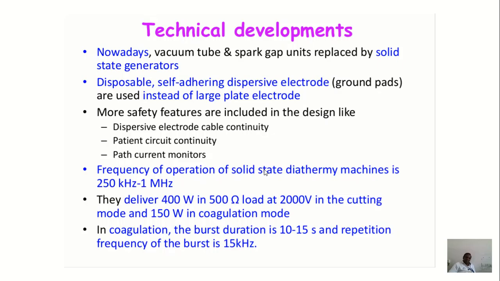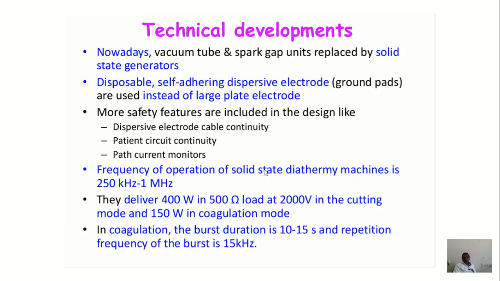What are the technical developments in this case? In surgical diathermy, the recent technical developments are that vacuum tubes and spark gap units have been replaced. Once upon a time we used the vacuum tube diode.